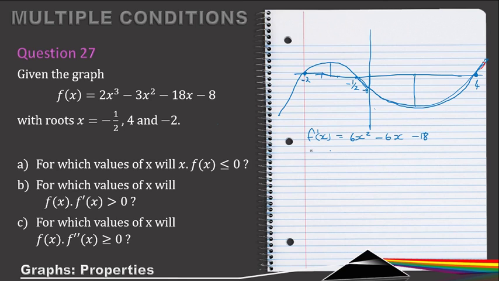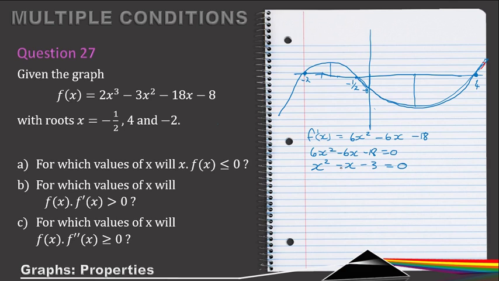Solving 6x squared minus 6x minus 18 equal to 0, we can just divide everything by 6 to simplify that. That gives x squared minus x minus 3 equals 0.